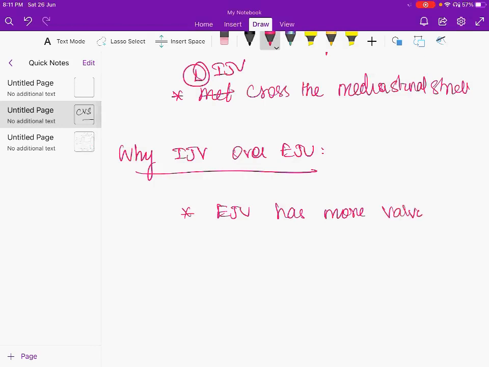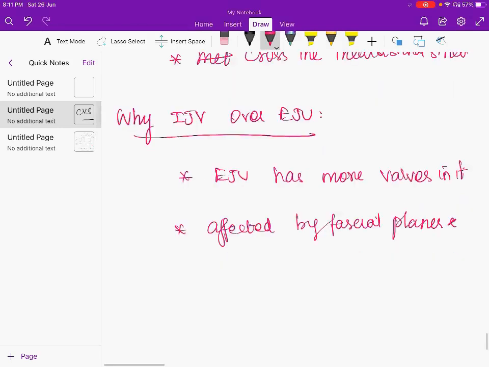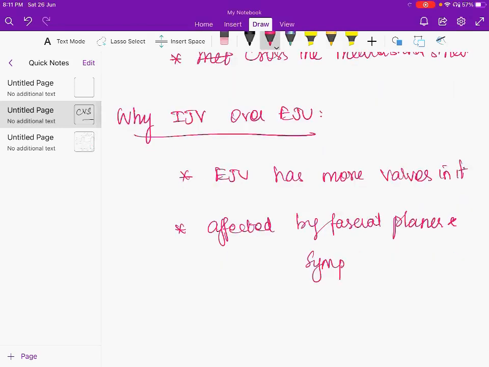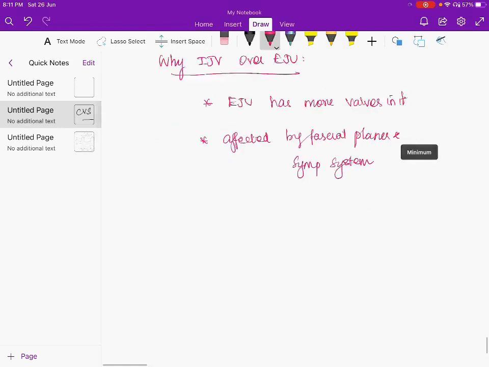So EJV has more valves in it. Also, EJV is affected by the fascial planes, so when you flex or extend your neck, the pressure may vary. And it is also affected by your sympathetic system, so during anxiety, your vein will collapse and may read as a false JVP. So that's why we prefer IJV over EJV.